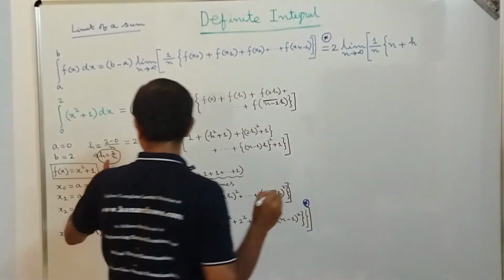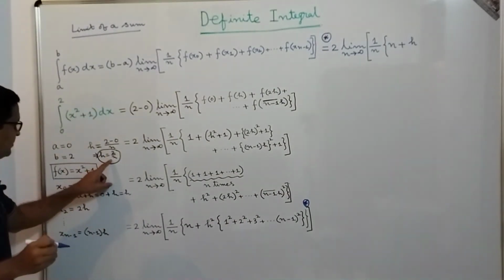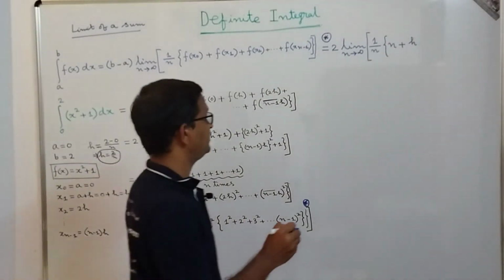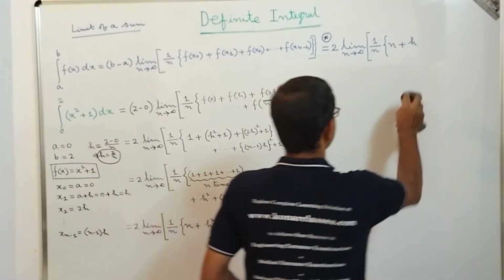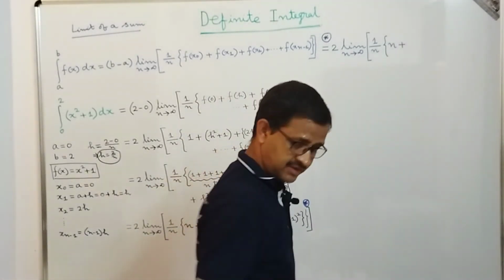What is h square? h square is equal to 2 by n whole square, that means it is actually 4 by n square. So instead of h square, we can write 4 by n square.